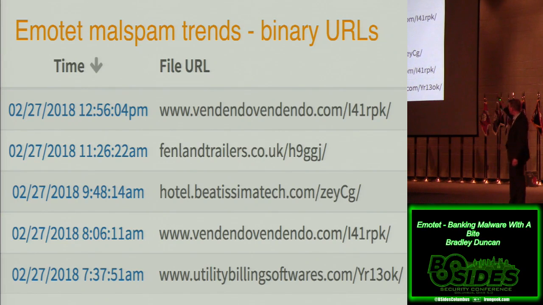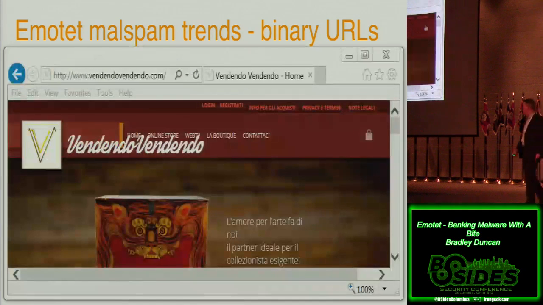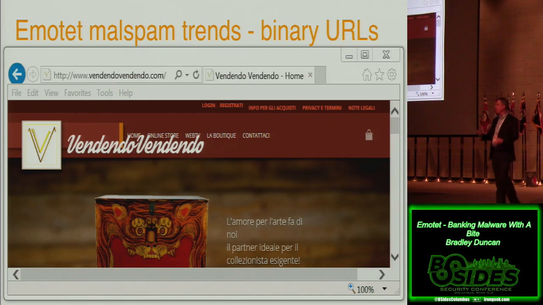You'll notice that the first one at the top and the second one from the bottom are the same one: Vendendo.com, which is an Italian e-commerce site based in Rome. And if you were to actually go to that domain right now, you would find that it has a message in Italian saying under construction or taken offline or something. So this website as well has been notified since I first saw it on Tuesday, hosting malware.